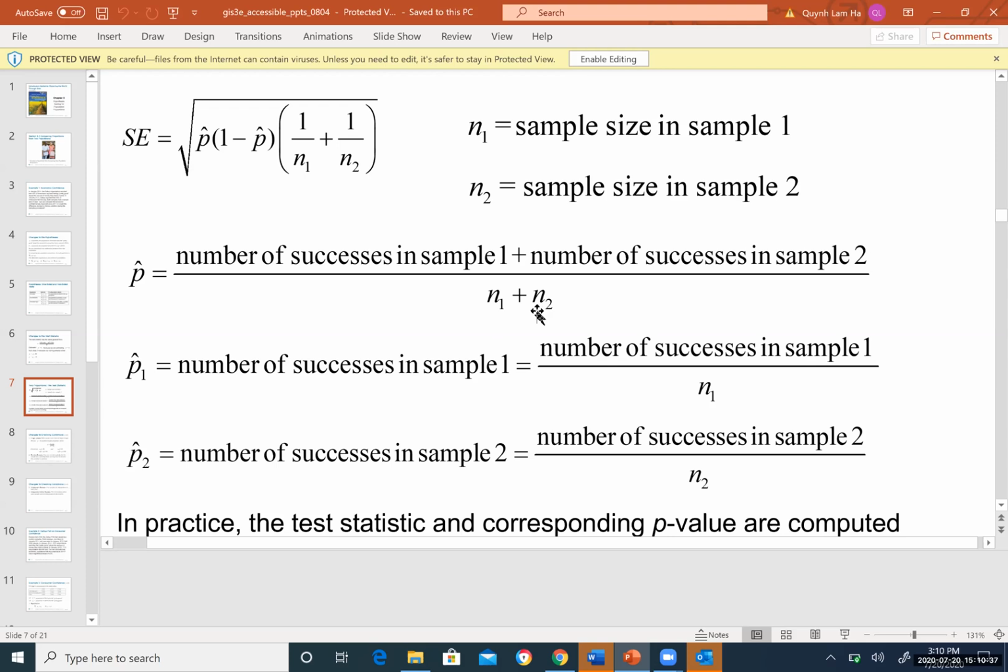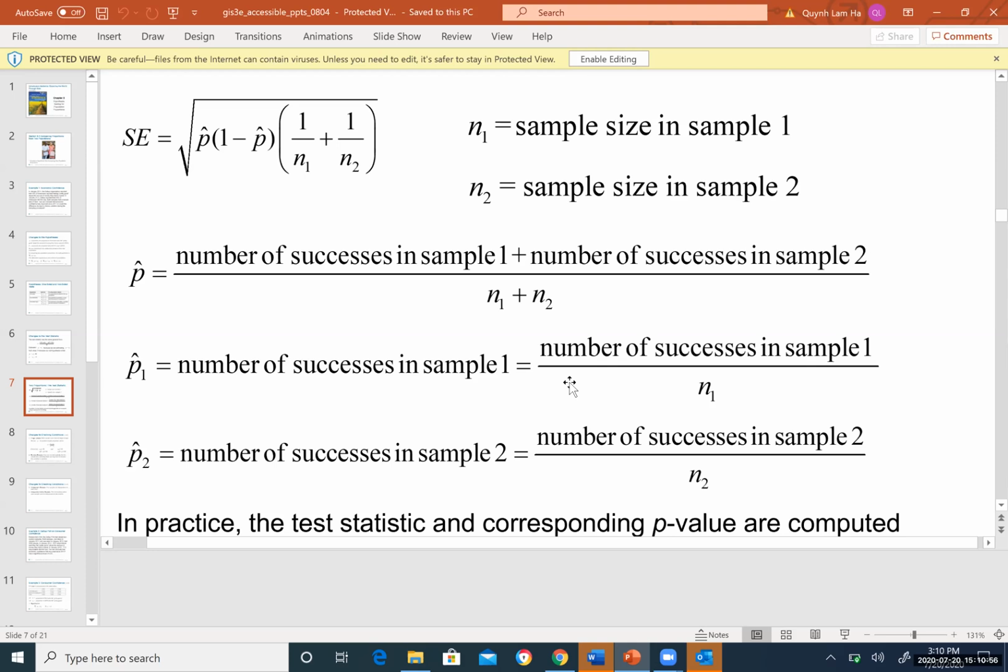That is your P hat for the standard error. N1 and N2 might be different or might be the same, so you have to be careful to plug that in. For P hat 1, the number of successes in sample 1, how do you compute it?